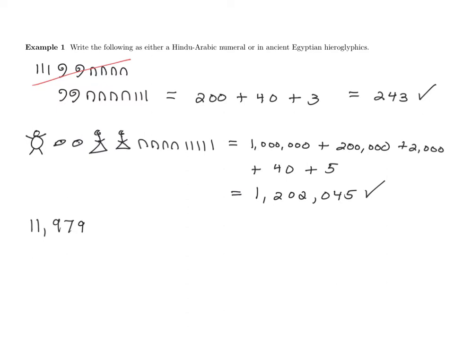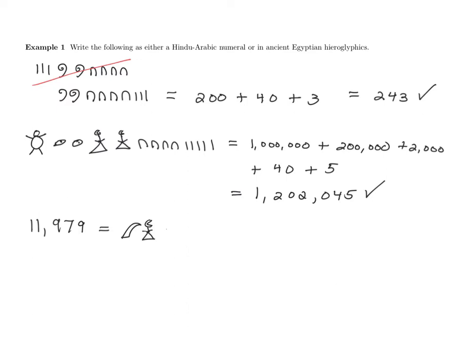So if we put this all together, for the first 1 in the 10,000s place, we use this symbol here. Now in the thousands place, again, there's a 1, and we use this symbol, so I'll put 1 of those. Now here we have 9 in the hundreds place, which means we have to write 9 spirals in a row.